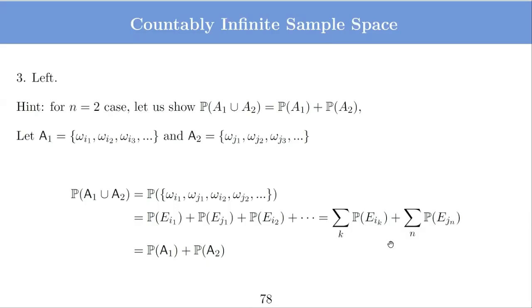By definition, the summation is the probability of the union of all EIKs. And the probability of the union of all EIKs is nothing but A1, right? So A1 is made from all those outcomes omega I1, omega I2, omega I3, which correspond to events EI1, EI2, EI3. So if you take the union of these sets, you will get A1. So the first term is nothing but the probability of A1. Similarly, the second term is the probability of A2. So this will be equal to probability of A1 plus probability of A2.